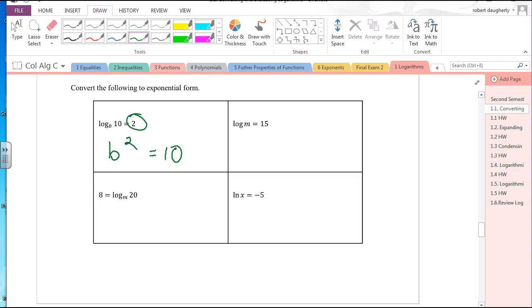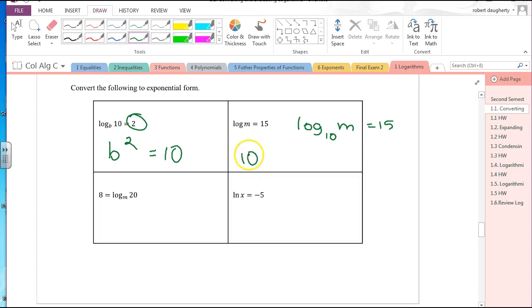If I look at this one, what is the base? It's not m. When you don't see a base, what is it? It's 10. This is the log base 10 of m equal 15.